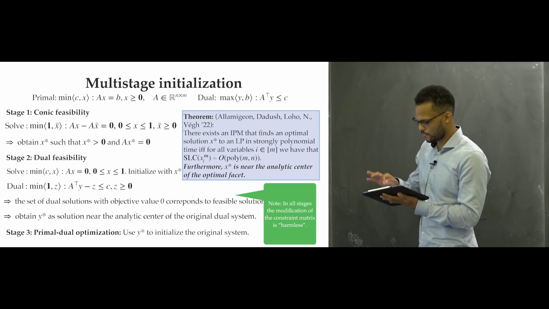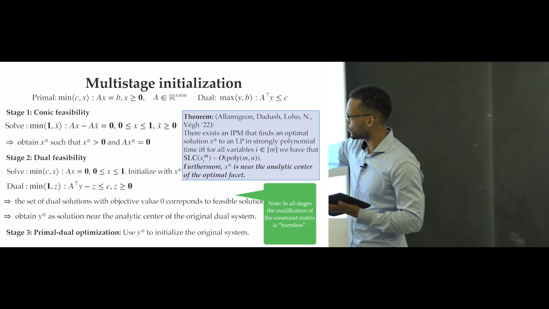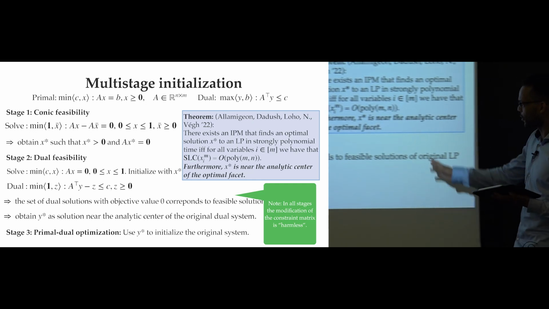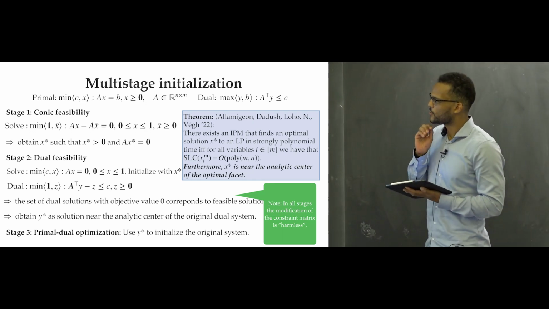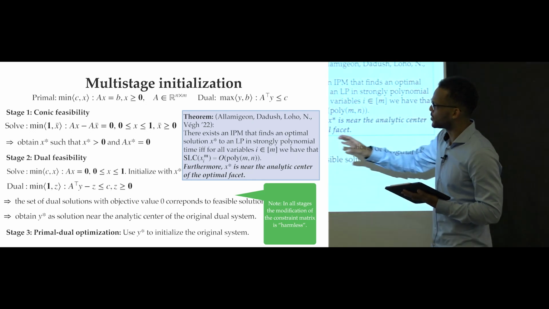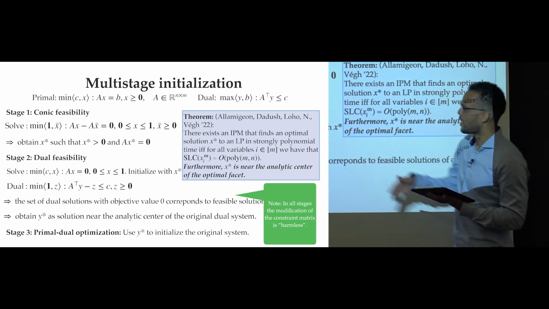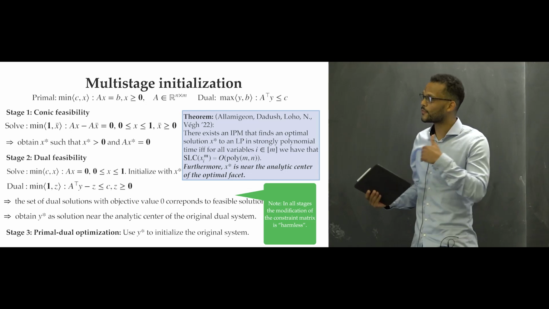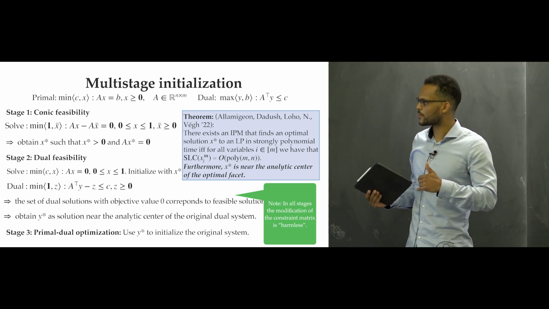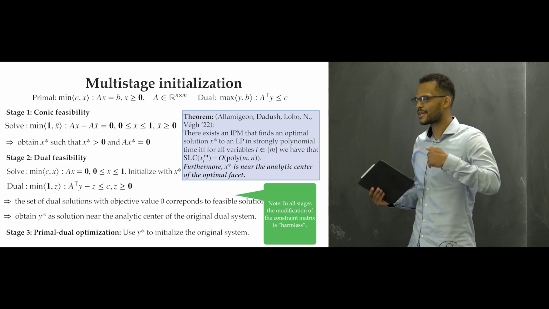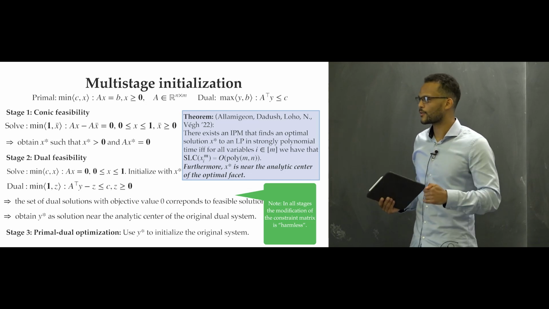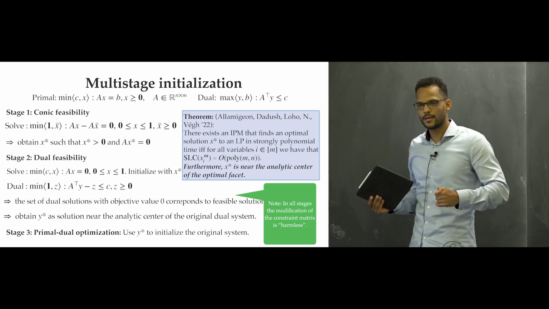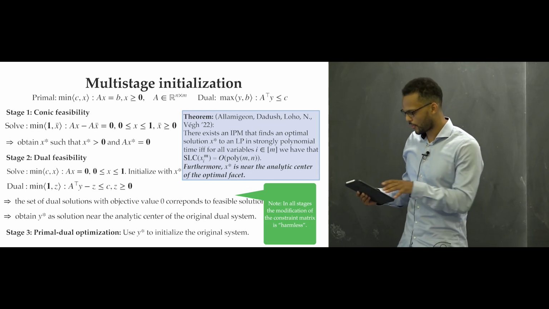Okay, so maybe that's a bit too much of inequalities here. I don't want to go over it. But it turns out that if you solve the dual feasibility problem, it's not going to give you any dual feasible solution in the end, but it's going to give you the dual feasible solution that is as central as possible, which then corresponds to the so-called analytic center, which is what you can use to initialize the third stage.